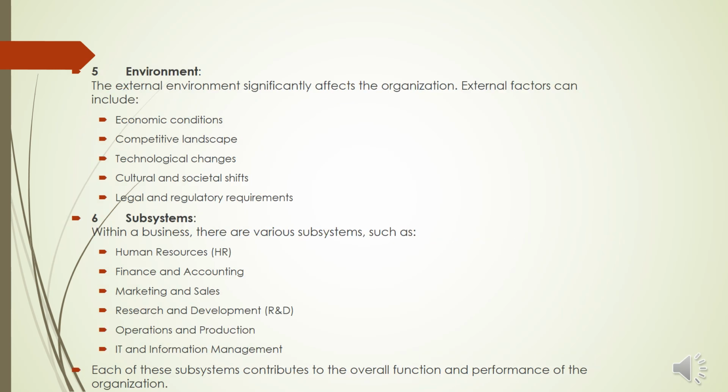The fifth one here, we have the business environment. One needs to be focused and understand the environment he is in. The external environment can significantly affect the organization. External factors can include the economic conditions, competitive landscape, technological changes, and we also have the cultural and societal shifts, legal and regulatory requirements.